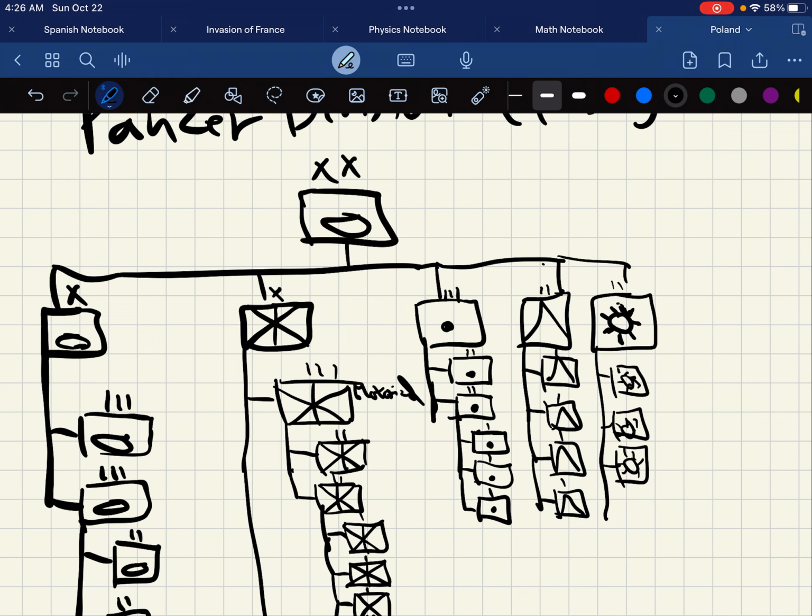And then for signals, there's also a signals battalion, and I believe the signals battalion has either 2 or 3. I think it has 2.